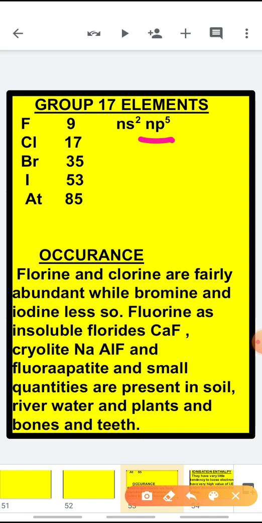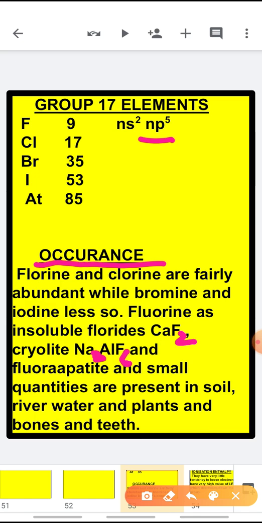Now coming to the occurrence, how these elements occur in nature. Children, fluorine and chlorine are fairly abundant. They are present in more quantity on the earth, while bromine and iodine are present in less quantity. Fluorine is present in the form of insoluble fluorides like calcium fluoride, CaF2. Cryolite you can say is one of the ores of aluminium, and the formula for cryolite is Na3AlF6.